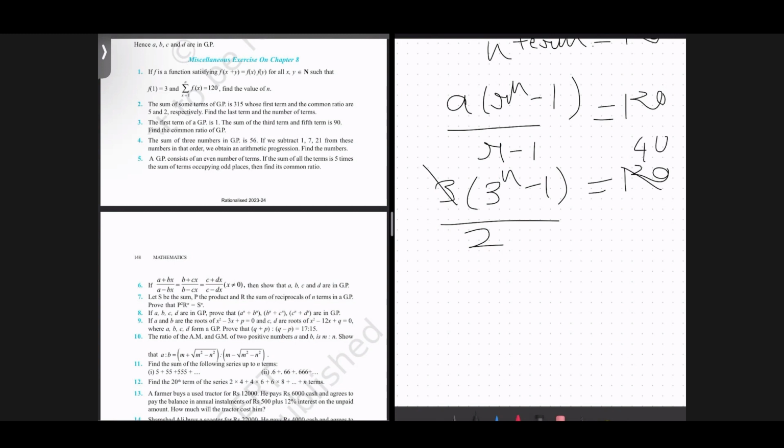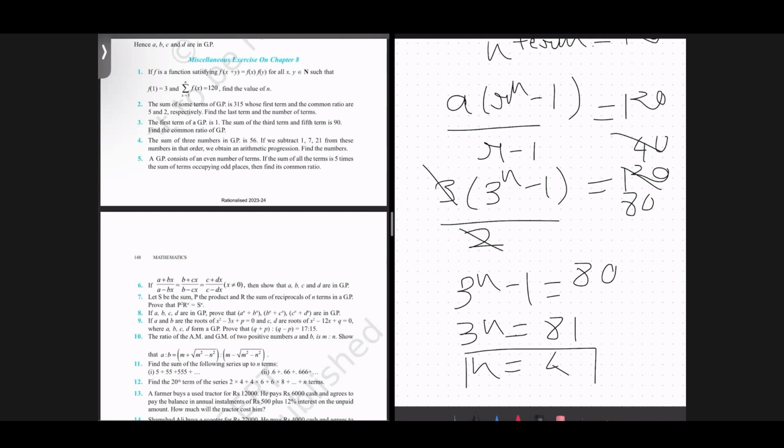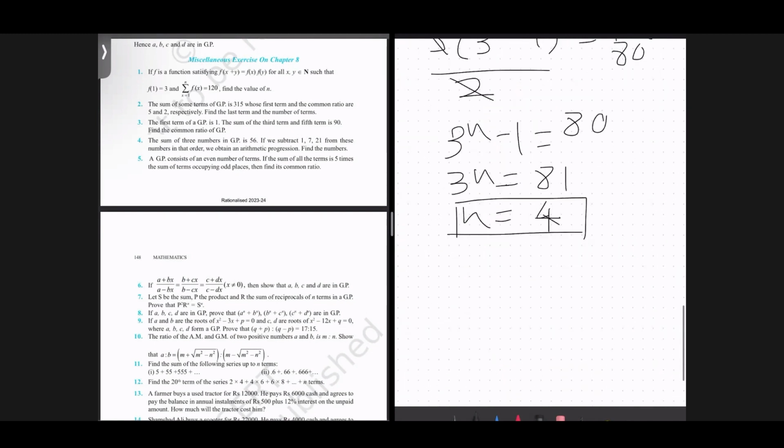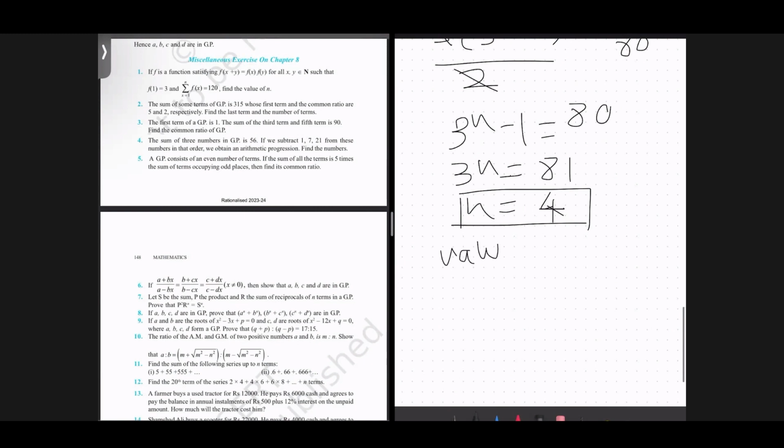Then you multiply again by 2, you get 80. Right. So 3 raised to the power n minus 1 is going to be 80. 3 raised to the power n is going to be 81. n is going to be 4. Right. So the value of n is equals to 4. Right.